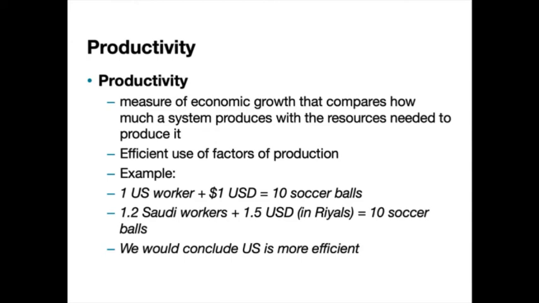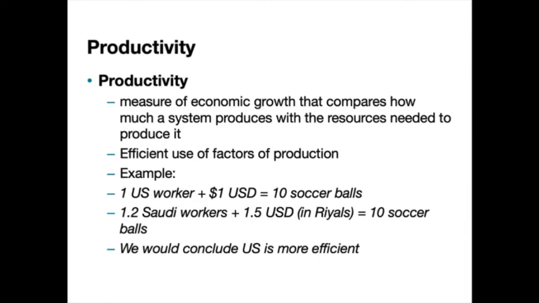So let's give you an example. This is just an imaginary example out of the textbook. If you could say with two elements of production, the cost of the leather used to make soccer balls and the labor hours of a worker, let's say it takes one U.S. worker and the equivalent of $1 US of resources to produce 10 soccer balls in an 8-hour workday.